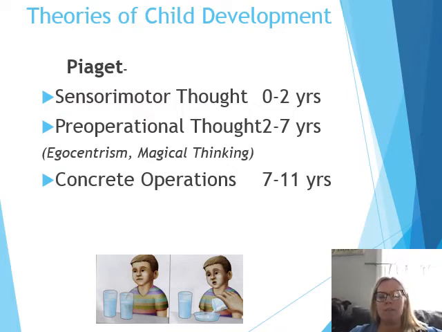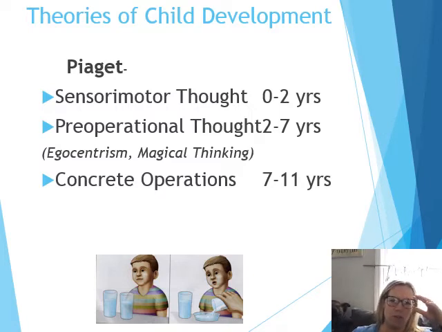All right, concrete operations, 7 to 11. This is where they're able to classify objects and learn broad concepts as well as subgroups, right? So we start off with fruits, and then within the fruits, we have our subgroups like our apples, our grapes, our oranges, our pears, right? So they're really starting to learn broad concepts and then narrowing it down to subgroups. The rigid, egocentric outlook of preschool years is replaced by the ability to see things from another point of view.